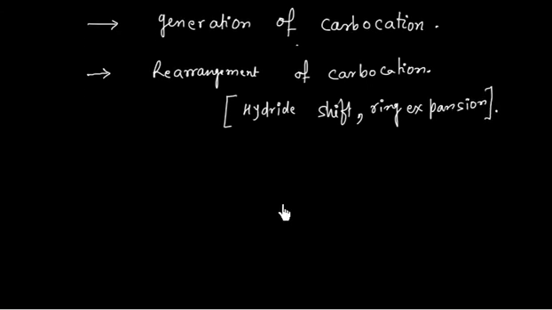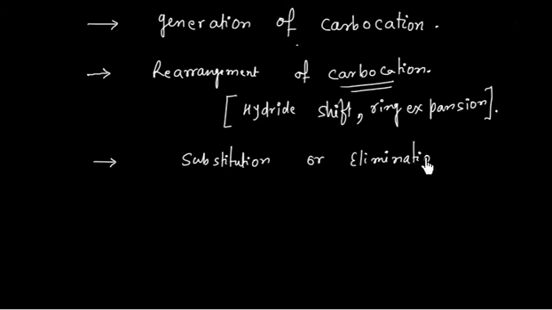And the last step, this carbocation formed can be either attacked by a nucleophile or it can lose H plus to give an alkene. So either substitution or elimination. So this will lead to all the given products we have here.